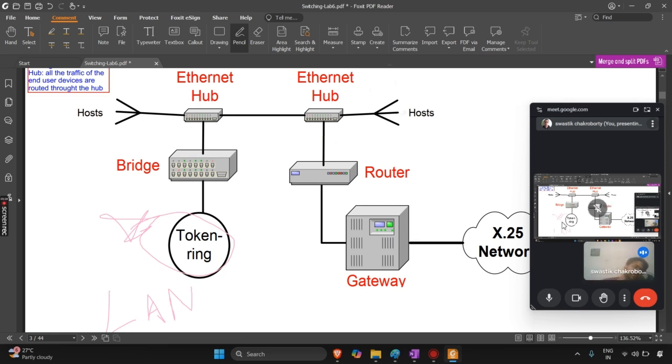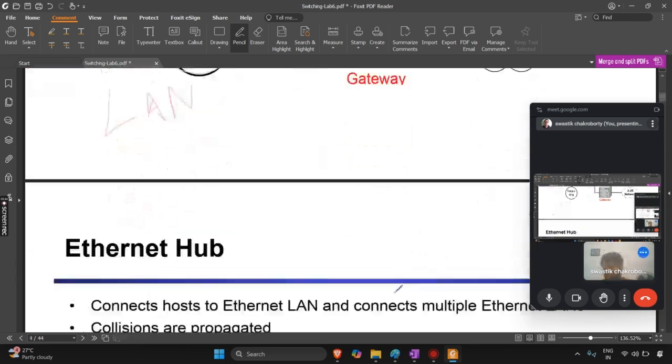Whereas the router is connecting directly to the internet. So the LAN is not bridged with the internet, but instead it is connected via the router and the gateway.